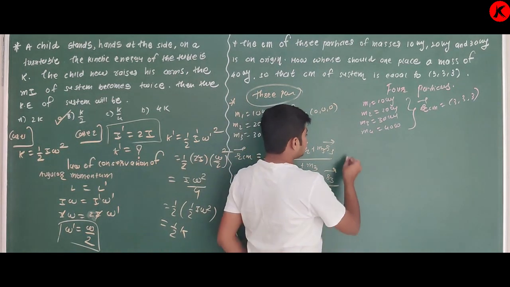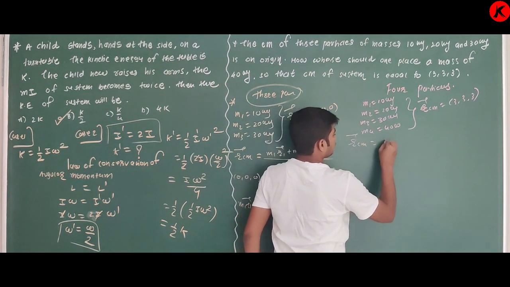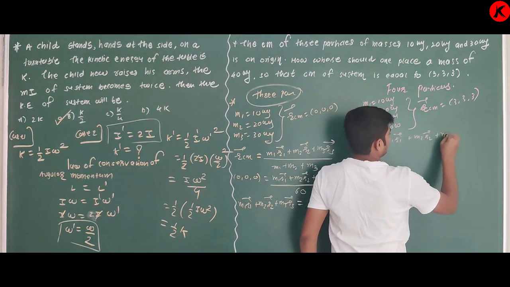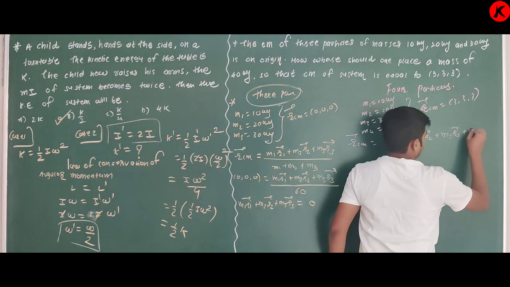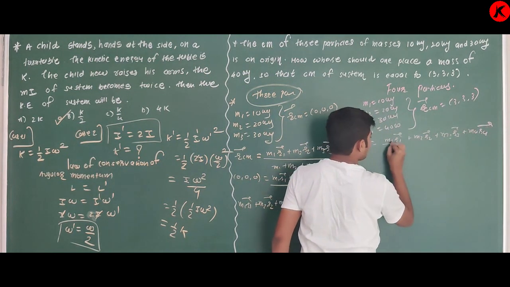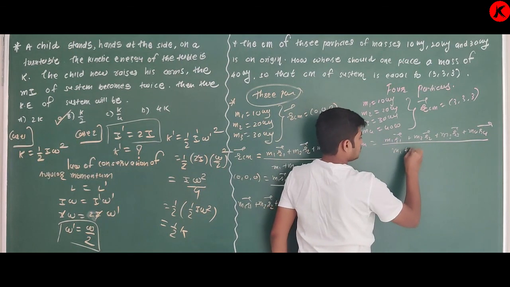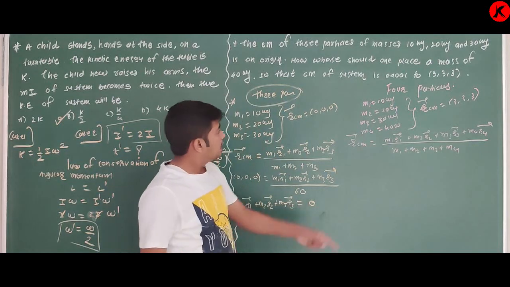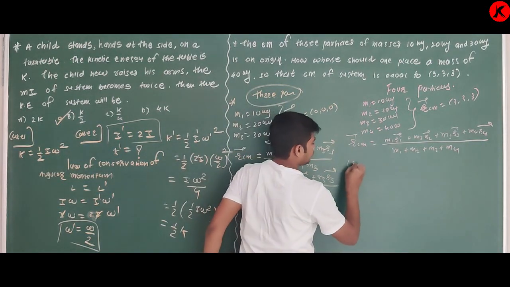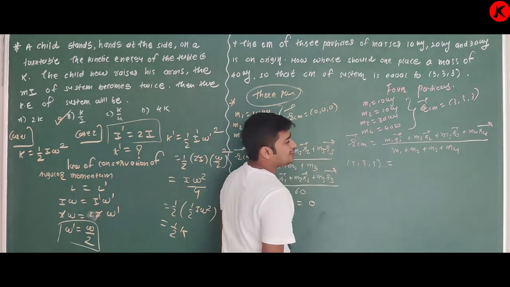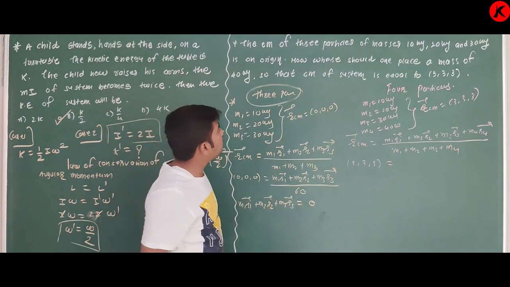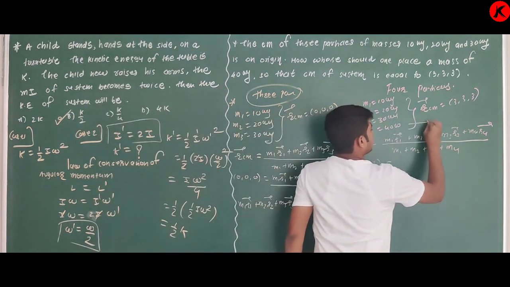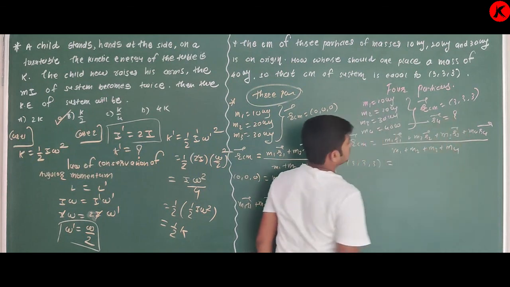Now the equation you have to write is: R center of mass is equal to M1R1 plus M2R2 plus M3R3 plus M4R4, divided by M1 plus M2 plus M3 plus M4. And the new R center of mass is (3, 3, 3). You have to find where to place a mass of 40 kg, which means you have to find R4.